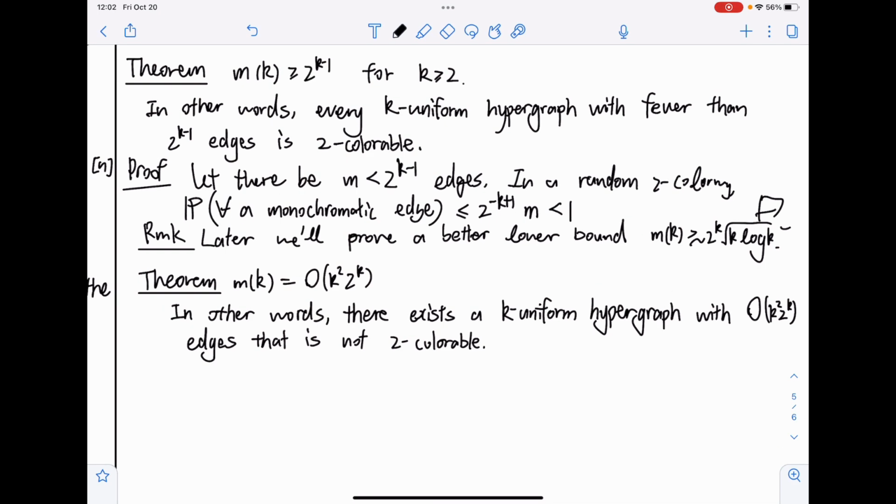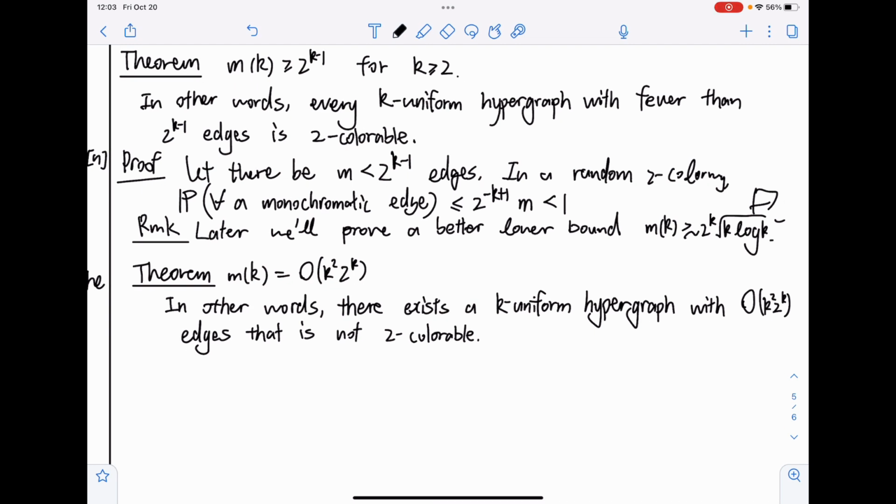And remark that later we will prove a better lower bound, m_k greater than asymptotically 2 to the power of k times square root of k over logarithm of k, which is the best up to date.